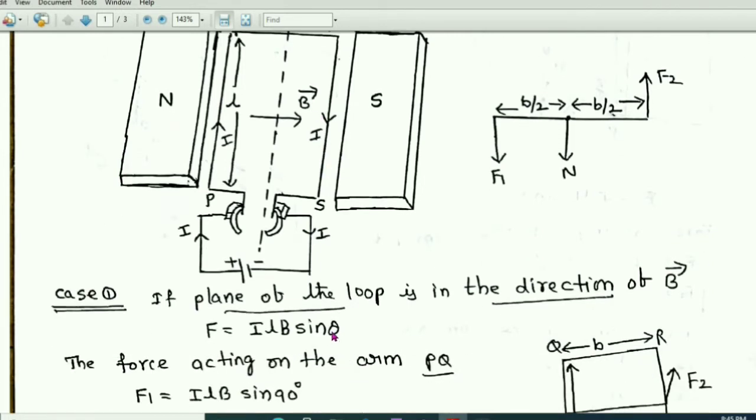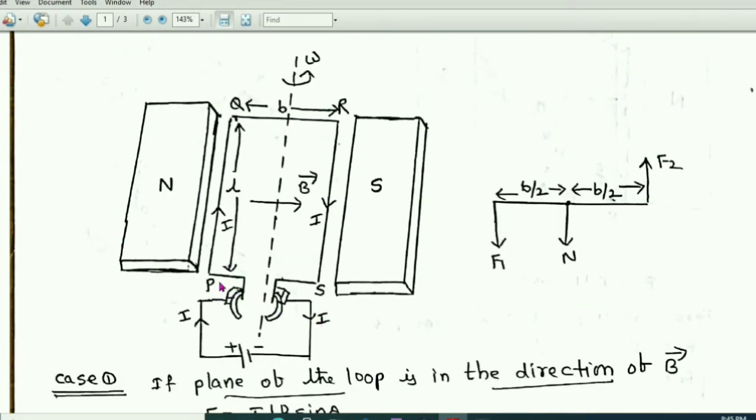Then theta becomes 0, and sin 0 is 0. Then the magnetic force experienced by the two arms, PS and QR, is 0. That means these two arms of the loop, PS and QR, do not experience any magnetic force.